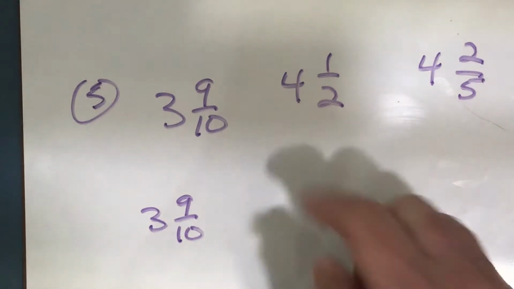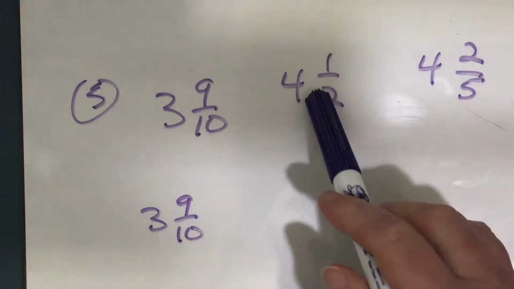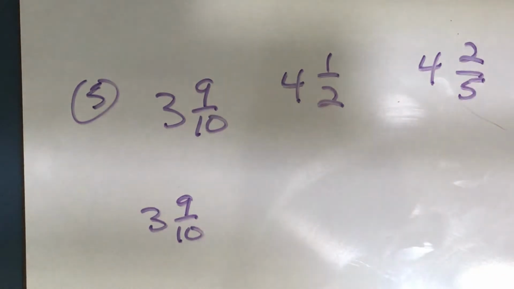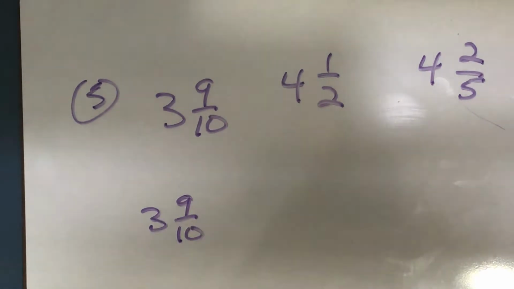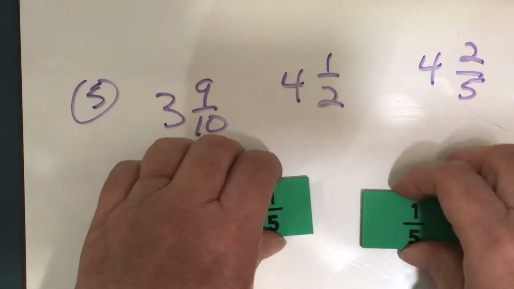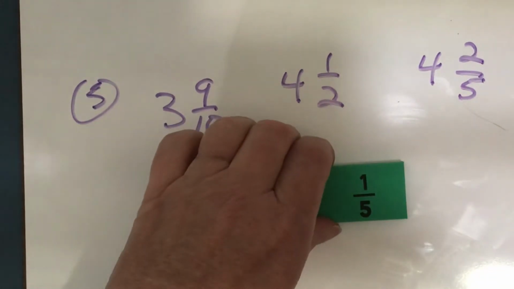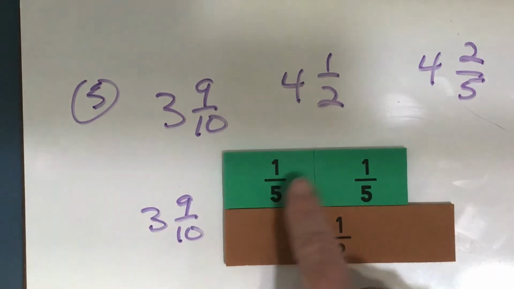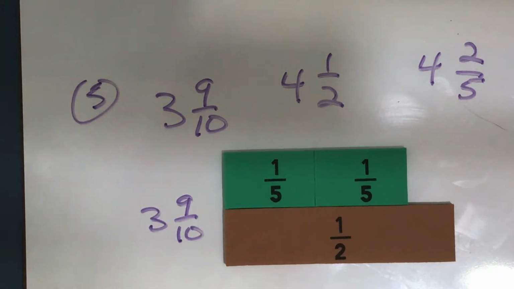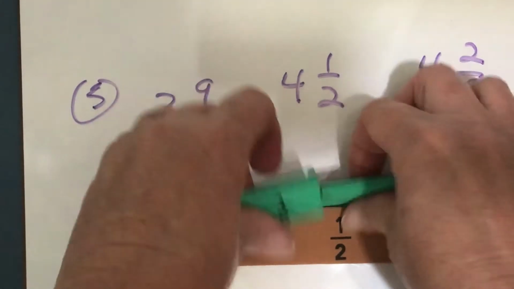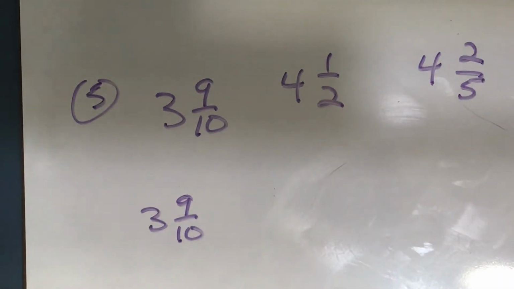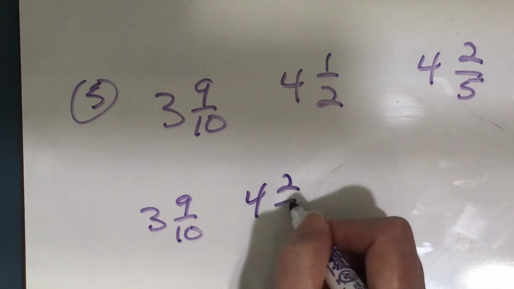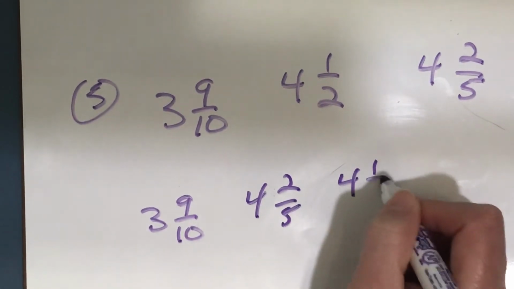So now I have to decide which is smaller, 2/5 or 1/2. So I have 2/5 right here, and I have half right here. And I can see that 2/5 is less than 1/2. So it would be 4 and 2/5 next, and then 4 1/2.